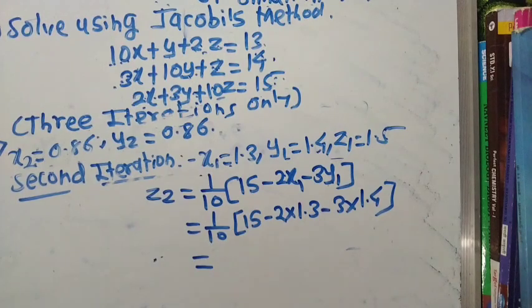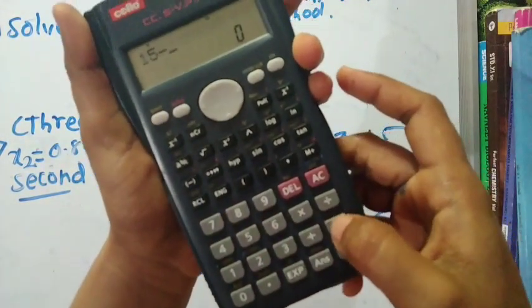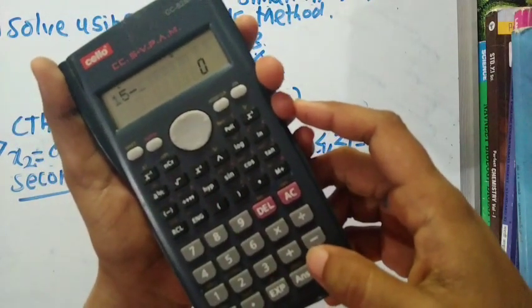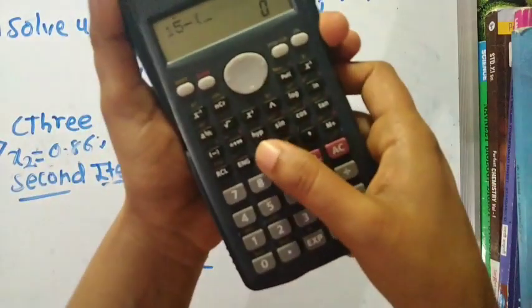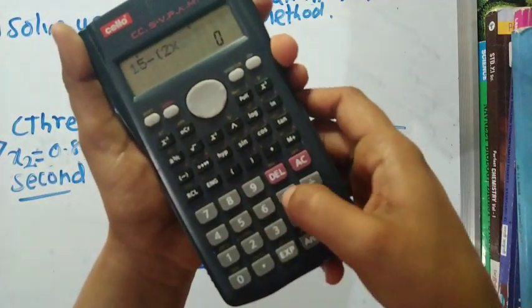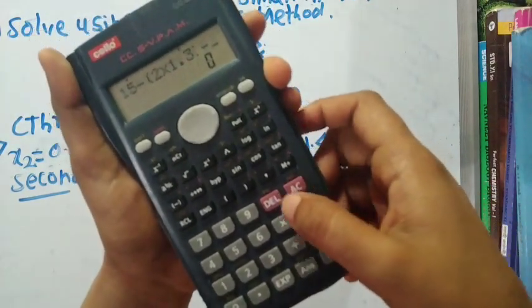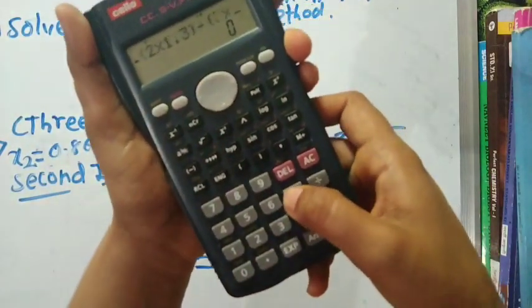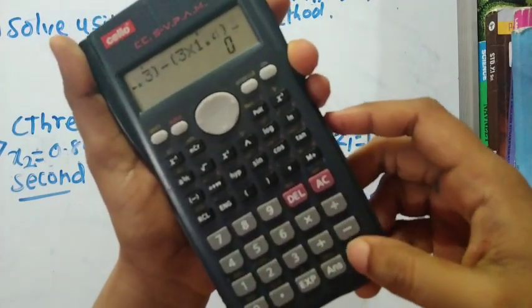So by scientific calculator, 15 minus 2 into 1.3 minus 3 into 1.4, which is equal to 8.2.